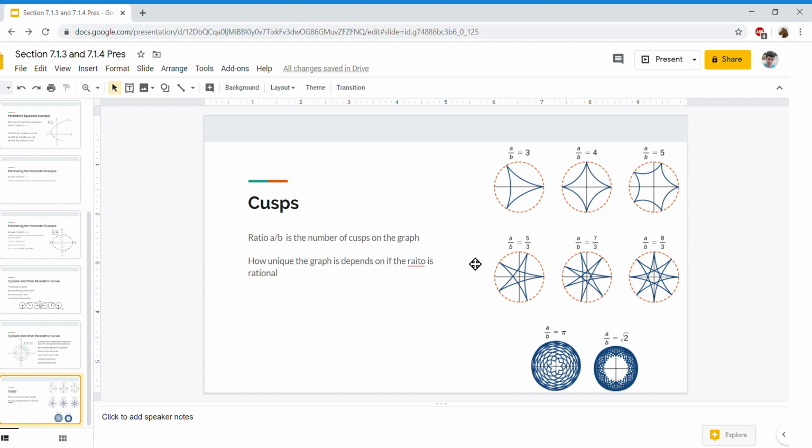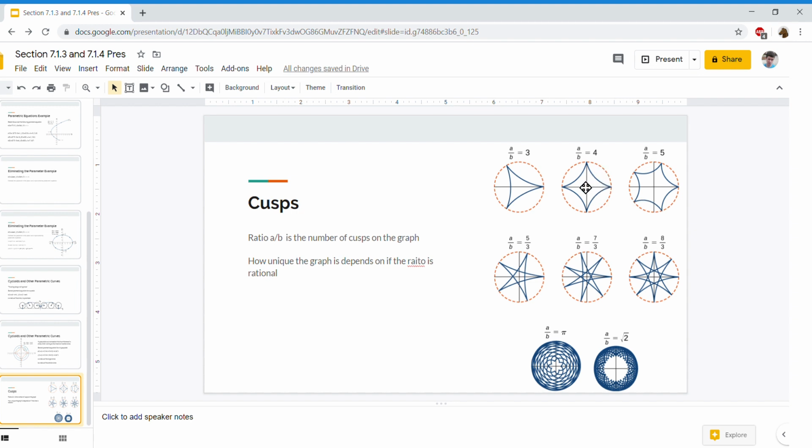So it's pretty much just any part where it looks like the curve is changing directions. And the number of cusps is just the ratio of a over b, the radius of the larger circle over the radius of the smaller circle.